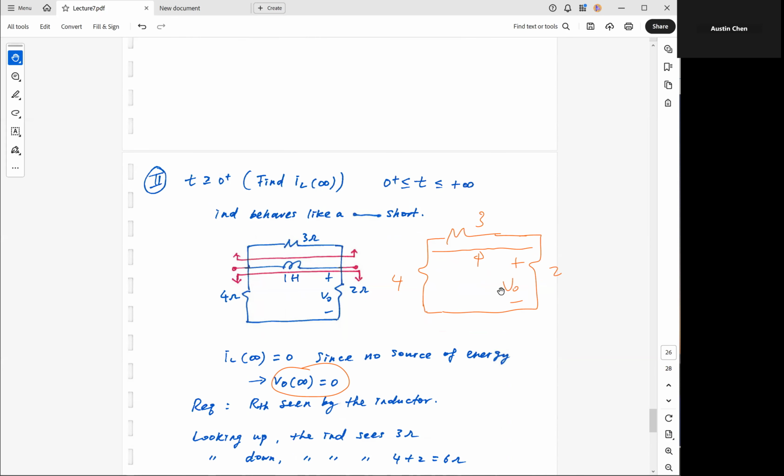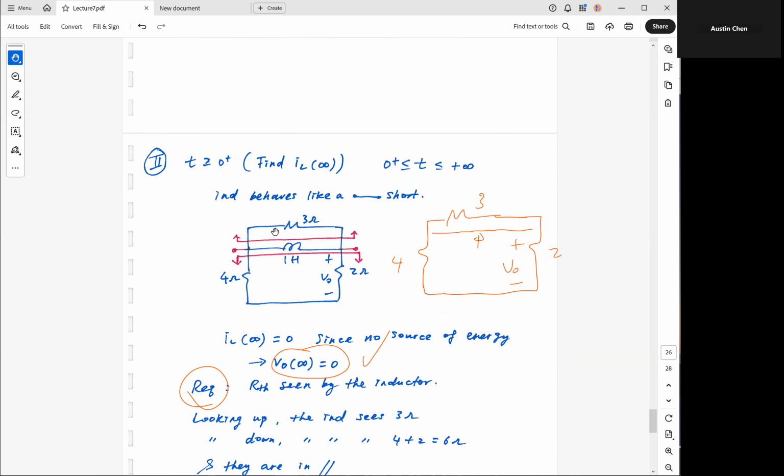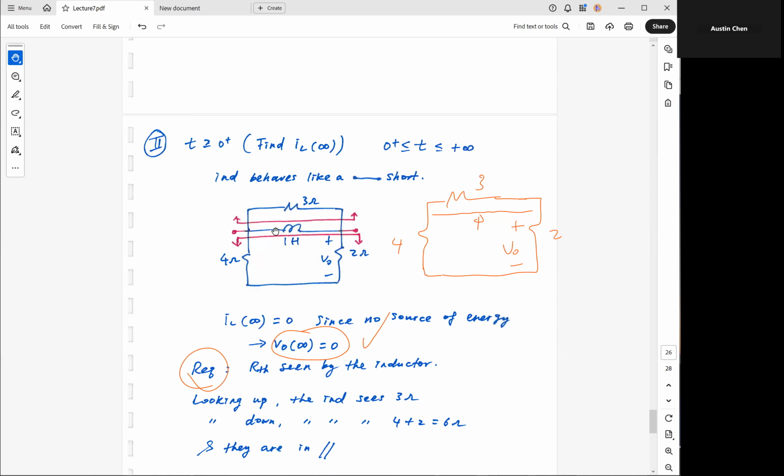We have found this one, but I still need to find my tau. To find tau, I need to find Req. This part becomes quite straightforward, because we just need to know the equivalent resistance that this inductor sees. Based on this circuit, when the inductor looks up, it sees 3 ohm.